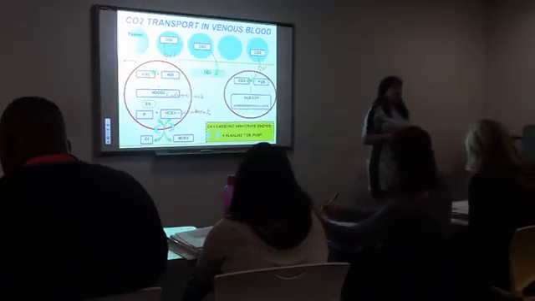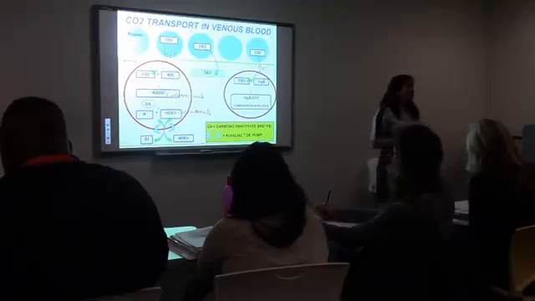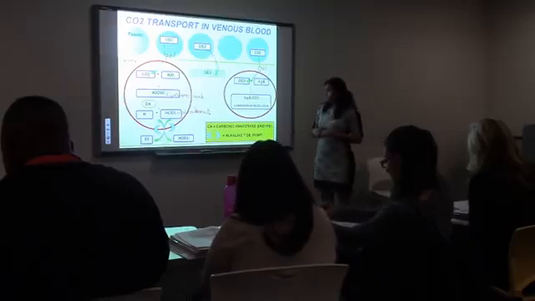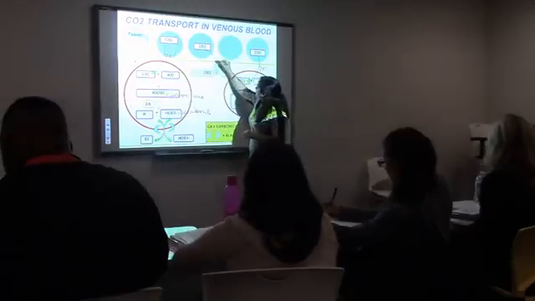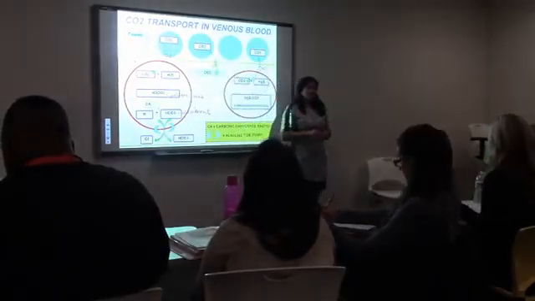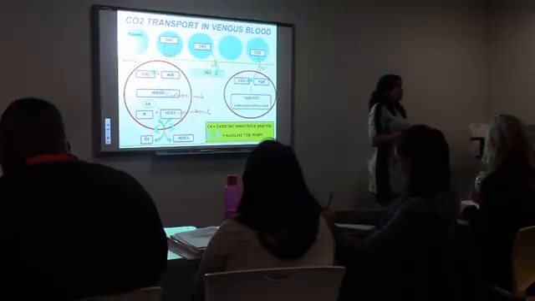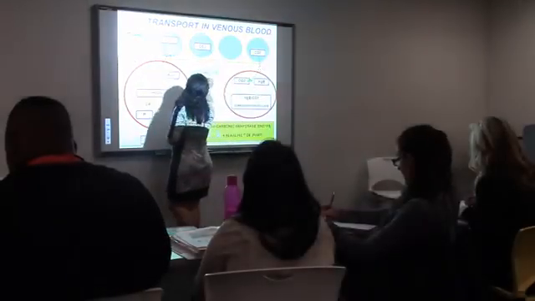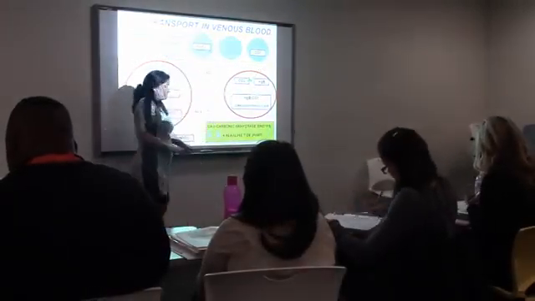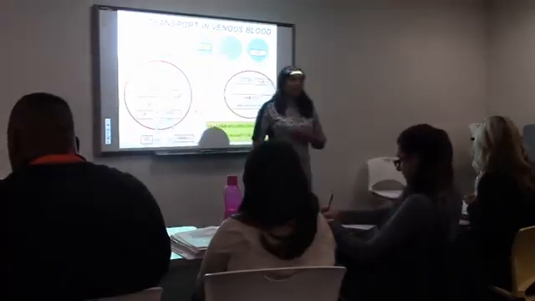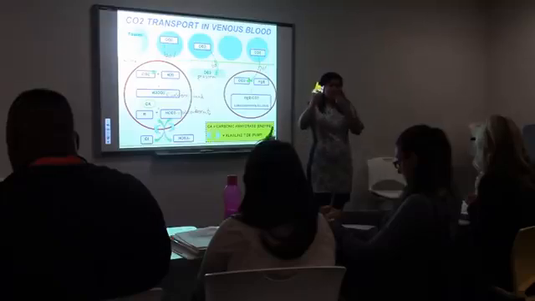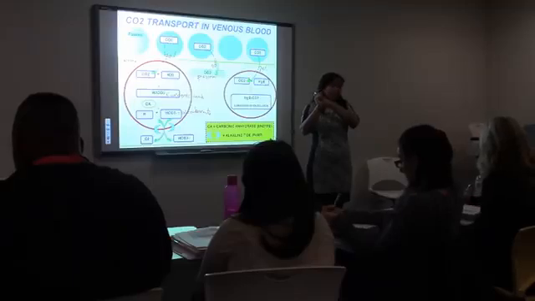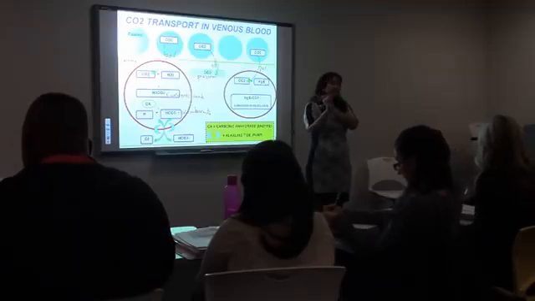So 20% of carbon dioxide is transported as carboaminohemoglobin. 10% of carbon dioxide leaves the tissues and enters the plasma, and it dissolves in plasma. So there are three ways carbon dioxide is transported in venous blood. 70% as bicarbonate, 20% as carboaminohemoglobin, meaning binding to hemoglobin, and 10% just dissolves in plasma.